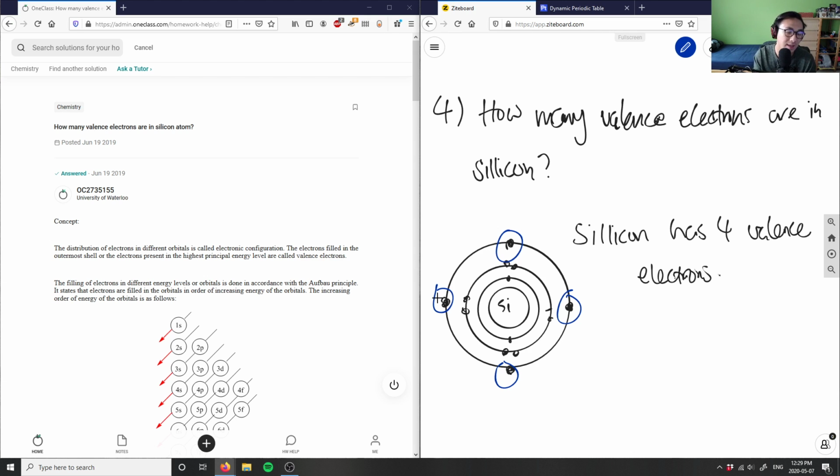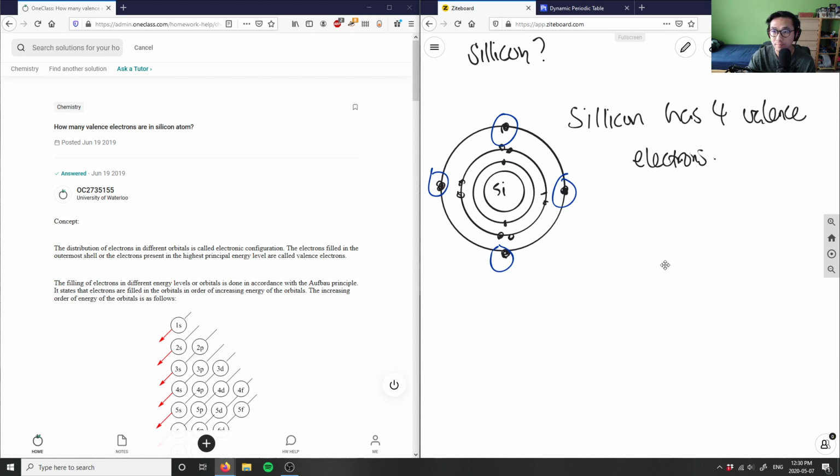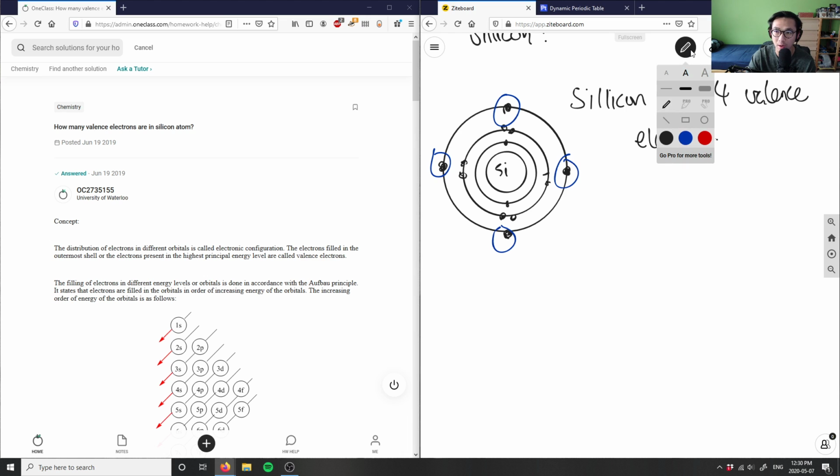So if it was asked in that context, this solution would be correct. However, if it was asked in a grade 12 context or a senior level chemistry question, then you have to write out the electron configuration of silicon and see what valence electrons are available. So this is a grade 9 question here.